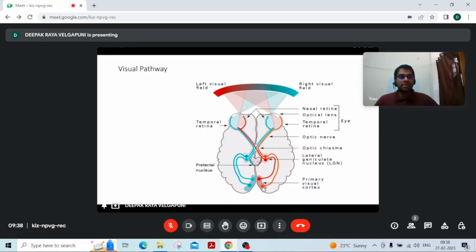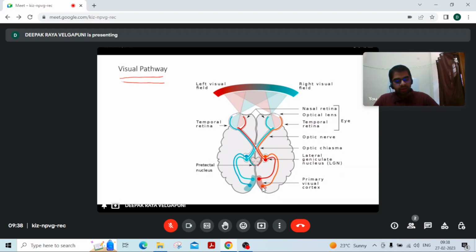Then coming to the next levels of visual processing, in the cortex. We have discussed the retina. Now let's go into the brain. Here I'm showing the complete visual pathway, from the light entering your eye to the processing in the brain, especially in the primary visual cortex. The visual system has a bilateral structure.